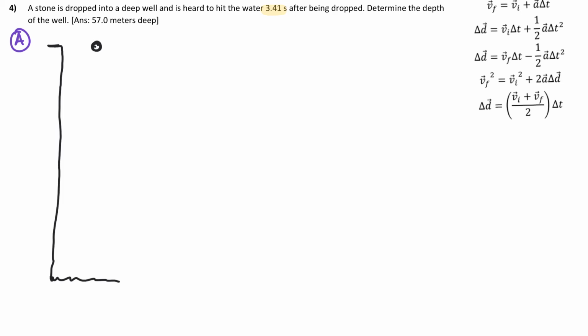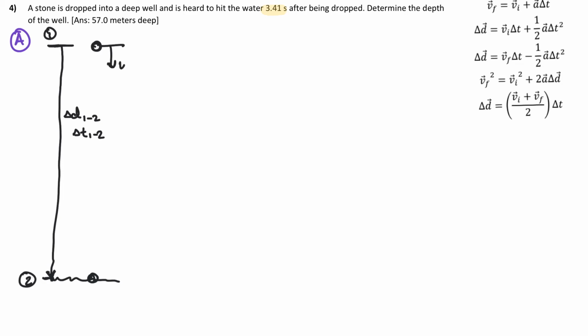In this case, it's the stone, and it's going to be here at stage 1, and it's going to reach stage 2 right here. It's going to be displaced from here to here, so I'm going to draw that as my displacement from 1 to 2.